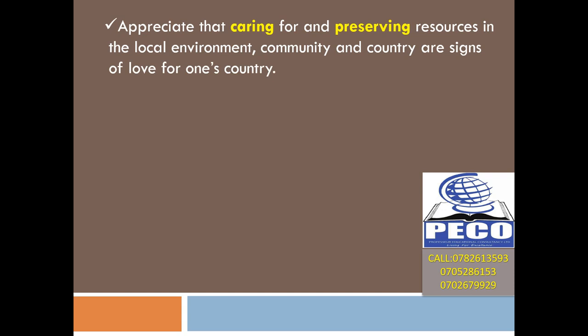You cannot be patriotic, you cannot love your country, you cannot love your local environment, you cannot love the environment of your community if you destroy it, if you don't care for it, if you don't preserve resources in that area, such that generation after generation we can be able to keep learning the physical features in our environment. We keep them available and preserved for the generations to come.